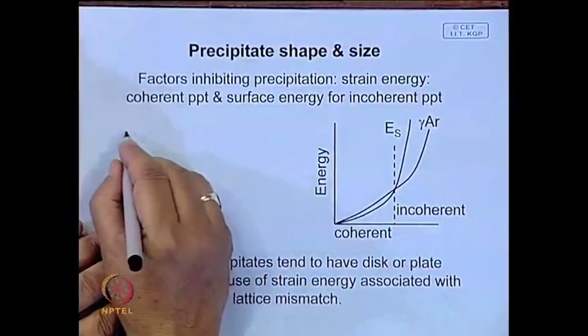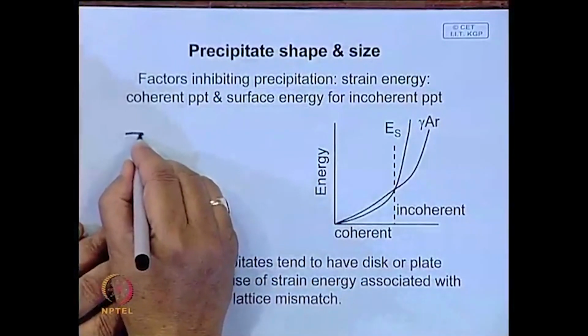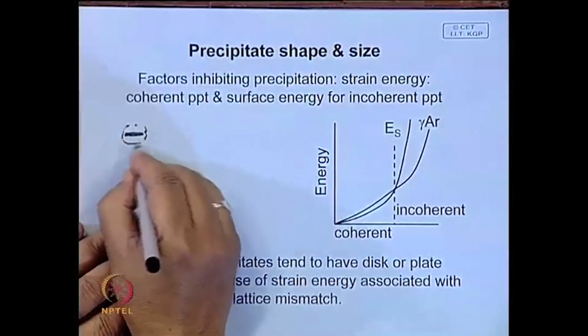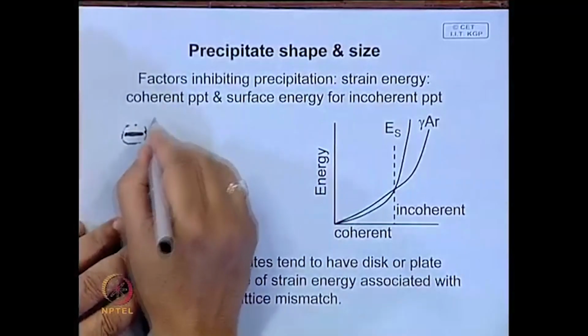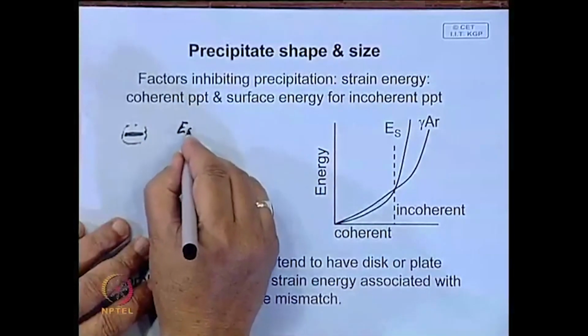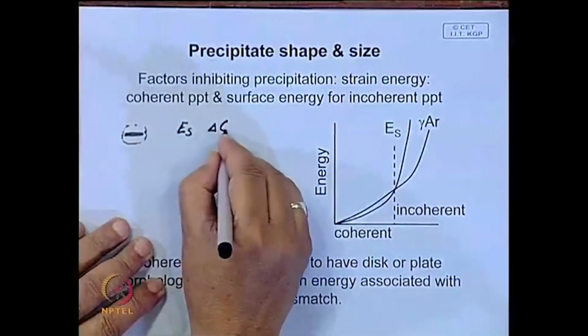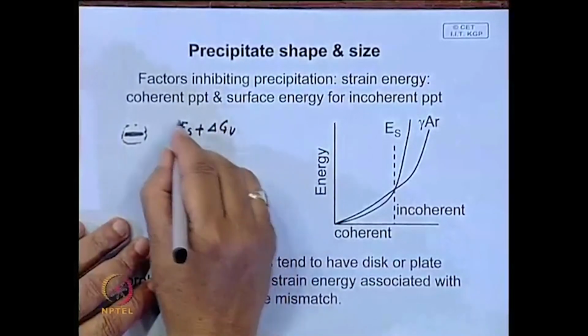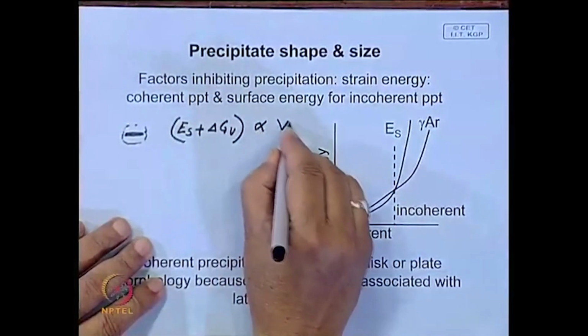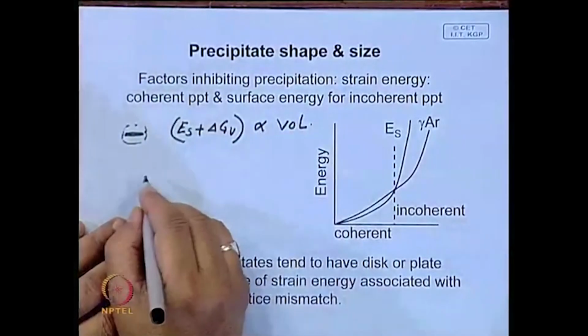Now, a point about whenever a precipitate forms: even if it is coherent, there will be a strain field associated with it around that. So, there will be a strain energy apart from the volume free energy, and this will be proportional to the volume of the precipitate.